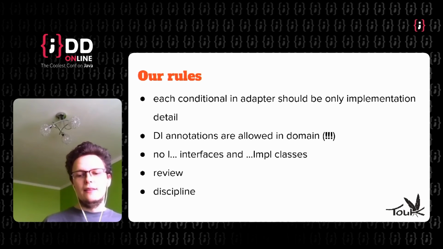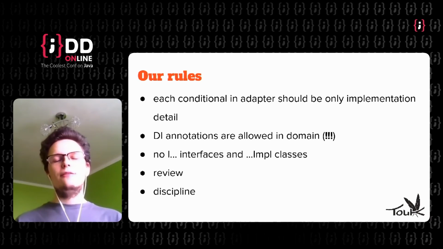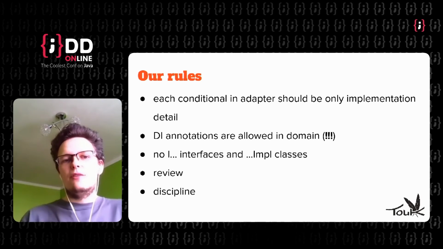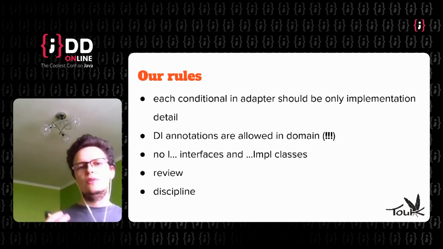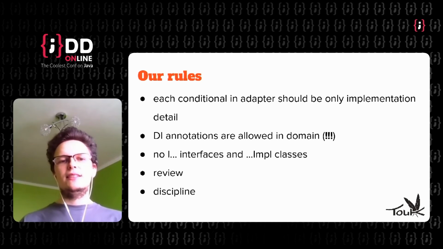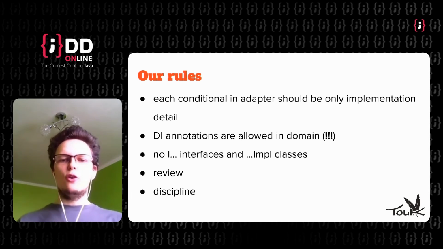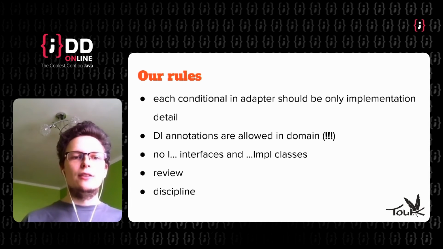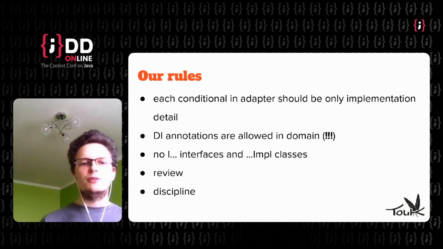So in the specific example that I have mentioned before, we have to use our framework, because instead of that, we have to use the XML files. We are trying not to name our interface beginning with the I and name classes with the imp suffix, because this is the sign of lack of good abstraction. And we have the review and discipline to keep everything as we want.